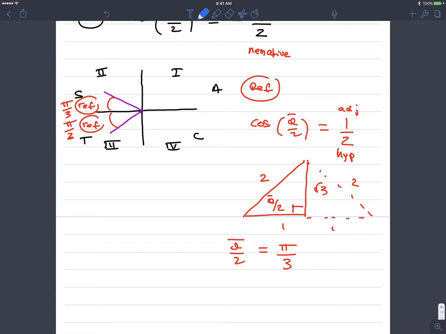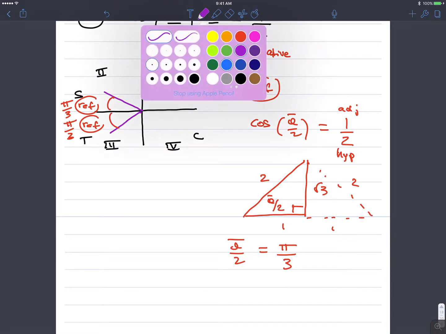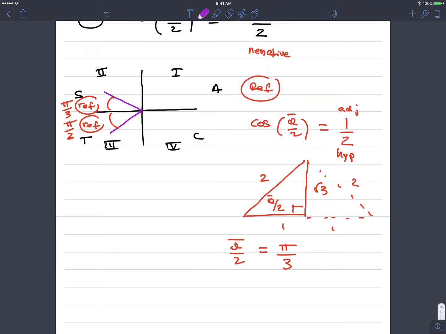So we know then, how do we get these angles? We're going to have to think about it this way. If this is pi over 3, how do we obtain a quadrant 2 angle? What's a quadrant 2 angle solution going to look like?